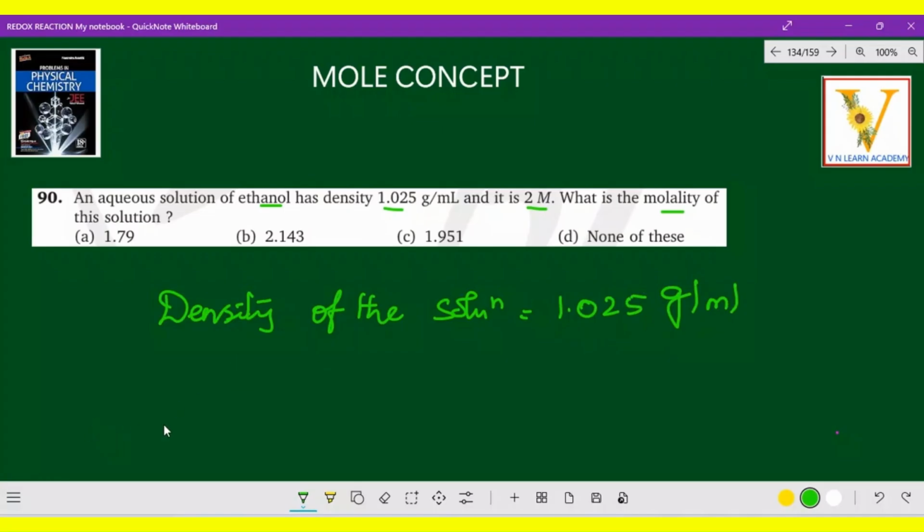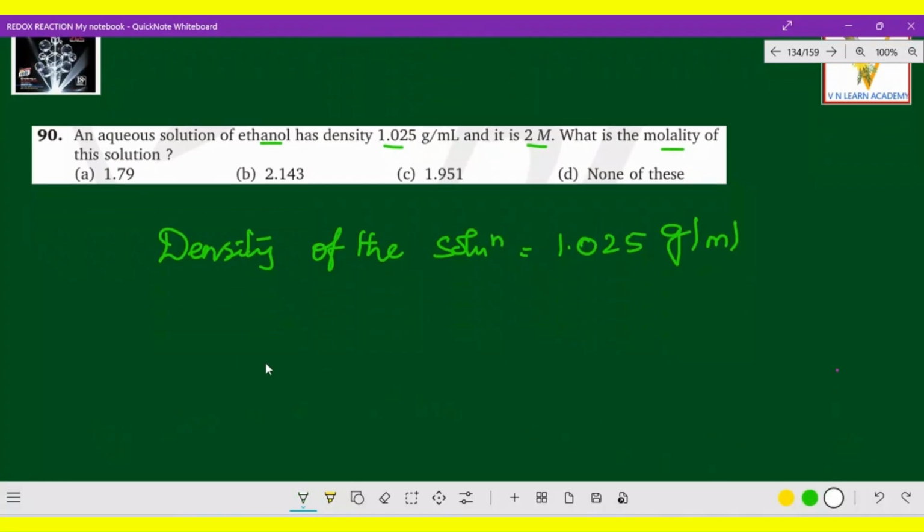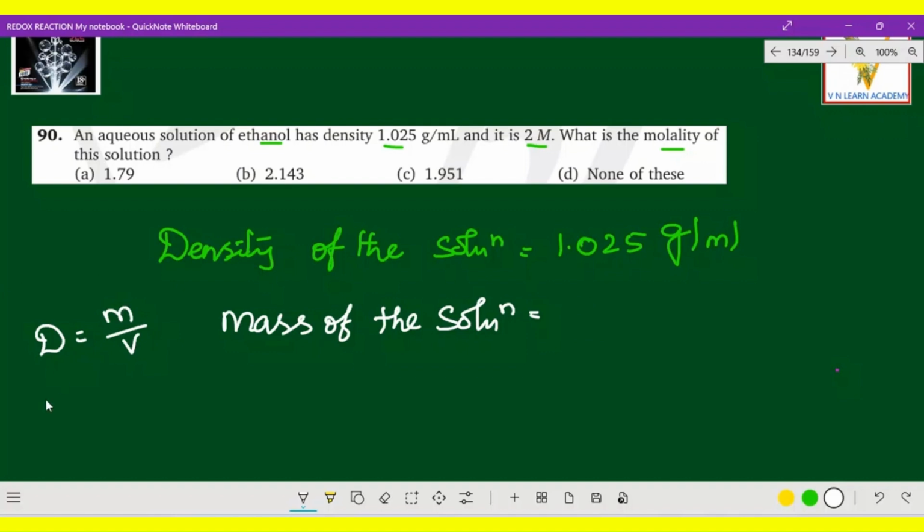Now here, mass of the solution. We can identify density equal to mass by volume. So mass of the solution is density into volume. Volume of the solution generally is 1 liter.